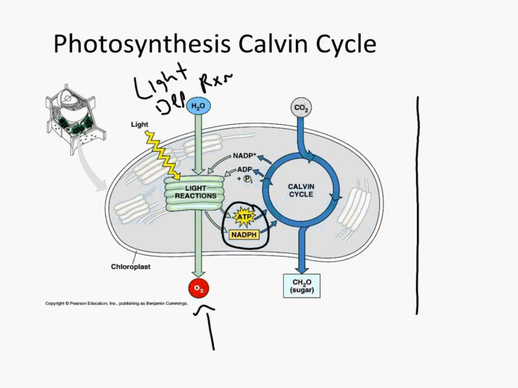In the Calvin cycle, or the light-independent reaction, light's not needed, but these two molecules here, this ATP and NADPH, are going to be utilized, and you can see that here as they are used up. And they are used up along with the CO2 that goes in, inorganic CO2, and that is converted to sugar, an organic molecule able to be used by living things.